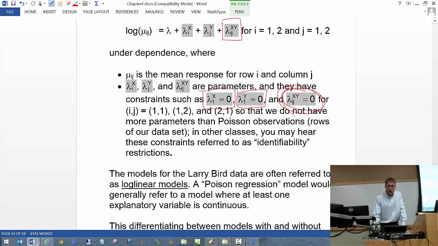Right there. Okay. So you could just simply set one level equal to 0 and then estimate all the other parameters that you would have available. So imagine a setting where it's not just a 2 by 2 table, suppose this may be 10 by 10. You would set lambda 1x equal to 0, and then estimate the other 9 lambda x's.